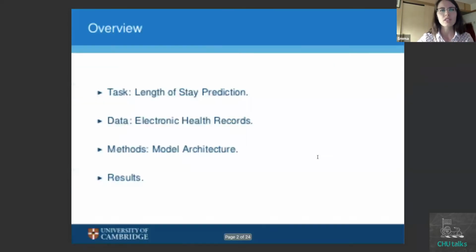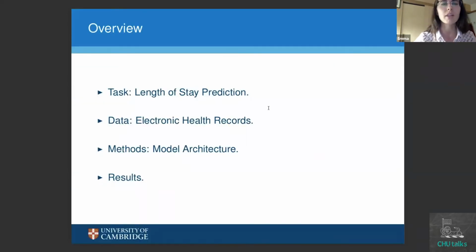I will just assume that I should make it for a general audience. So here's the overview of the talk. I'm going to start with explaining a little bit about length of stay prediction, why it's an important problem, and a bit about how machine learning can help us with solving it.